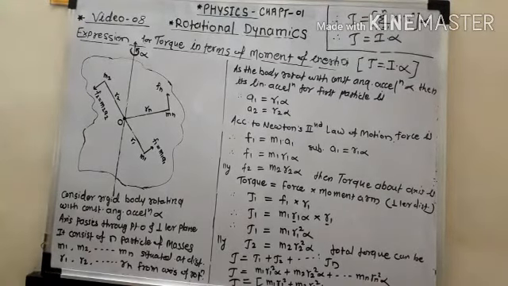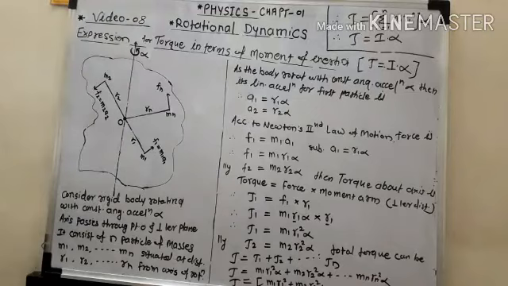Suppose this rigid body consists of n number of masses m1, m2, m3 ... mn, situated at distances r1, r2, r3 ... rn from the axis of rotation, as shown in the figure.